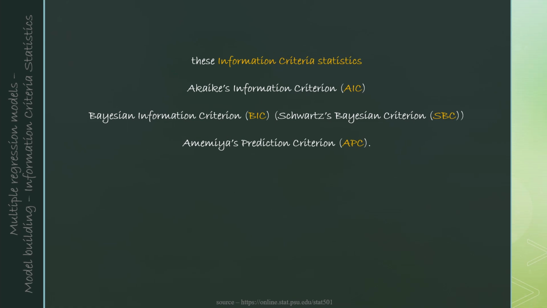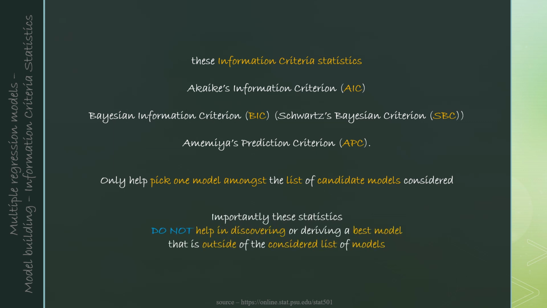Note, these information criteria statistics AIC, BIC or SBC and APC only help pick one model amongst the list of candidate models considered. Importantly, the statistics do not help in discovering or deriving a best model that is outside of the considered list of models.